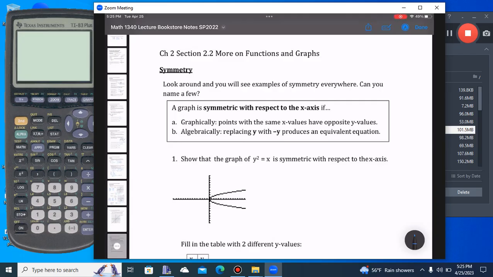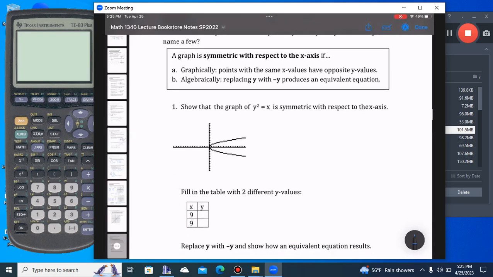So we're going to start with looking at something that's symmetric across the x-axis. If you look on this graph here, it's kind of like a sideways parabola. If an x value is picked, then the y values are negative y and y based on that x value.